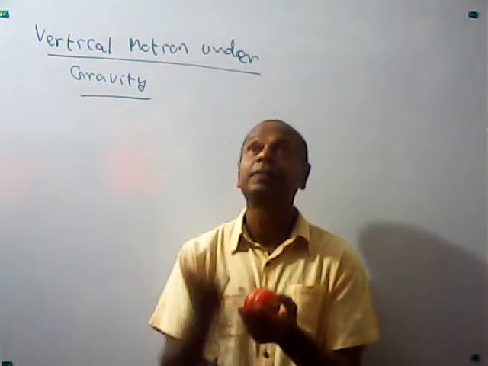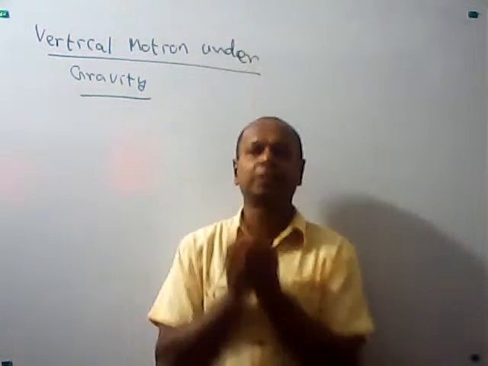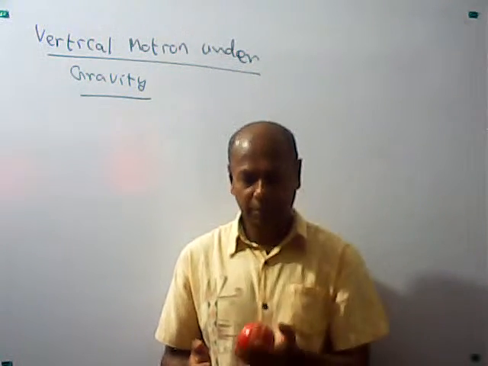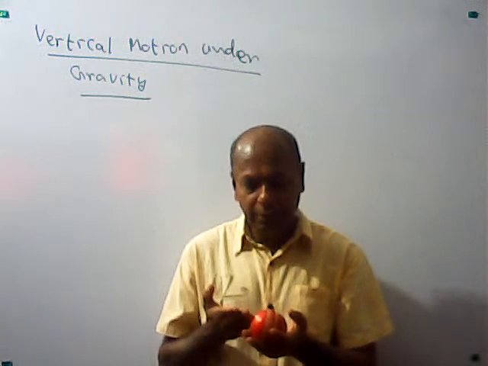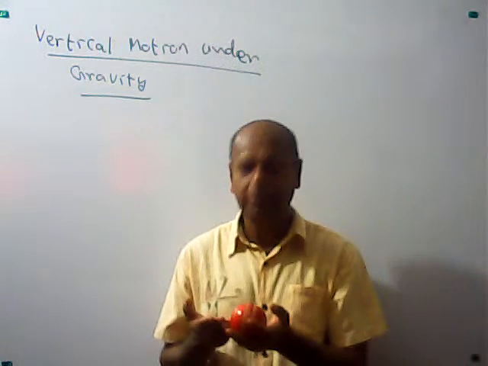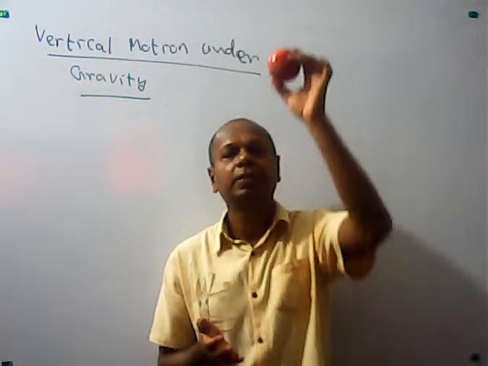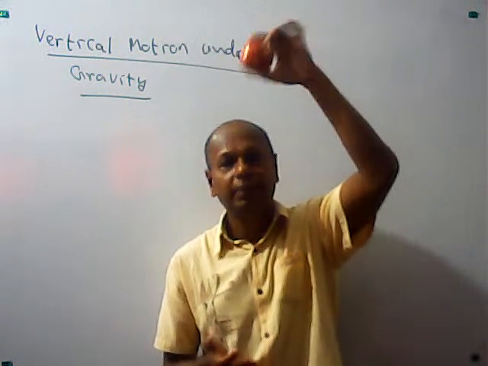See what happens, right? It moves up, reducing the velocity gradually. Gradually the velocity decreases to zero, and it turns back.